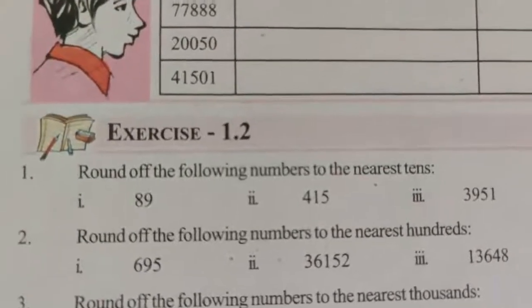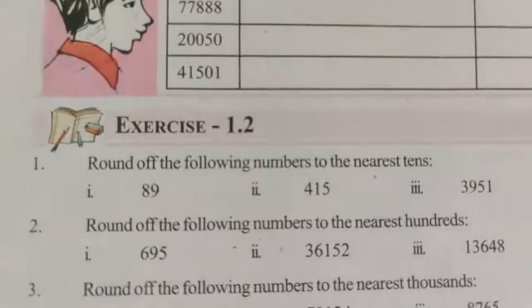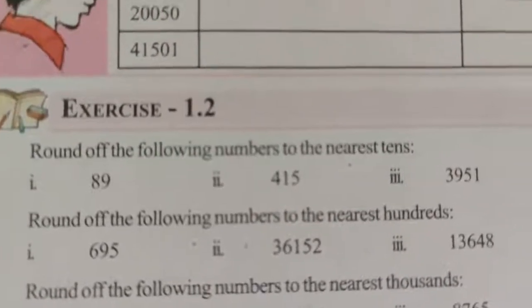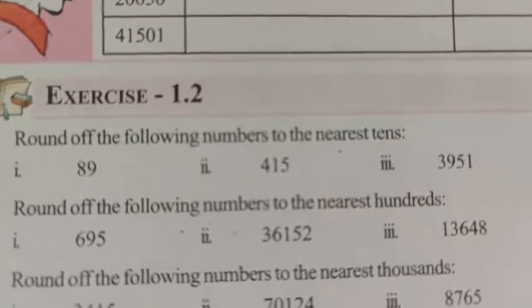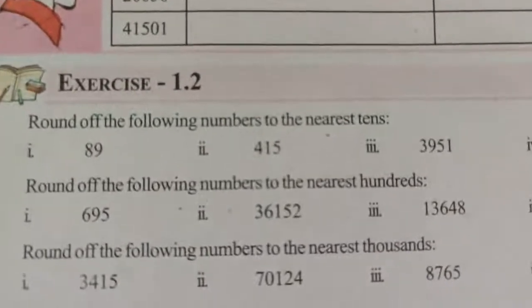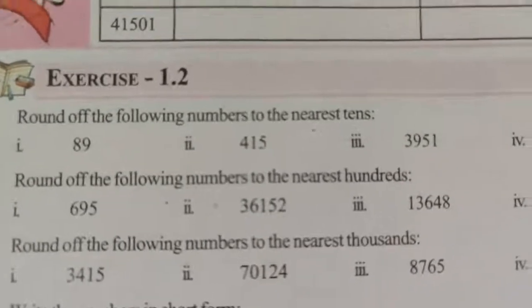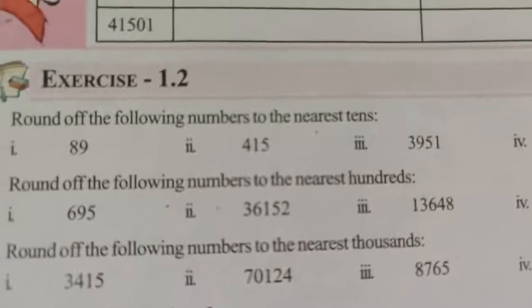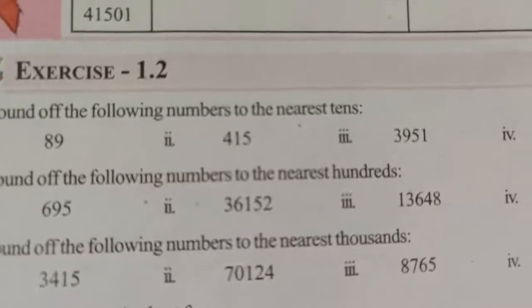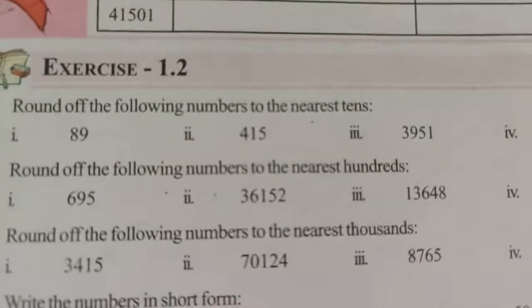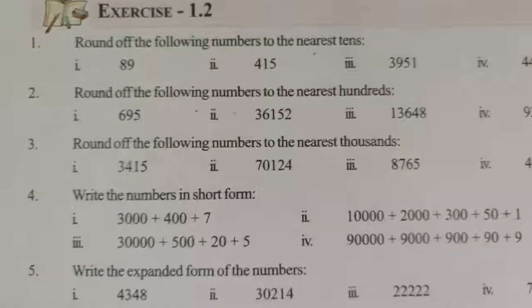For example, 415 is nearest to 420. 420 is a multiple of 10, the nearest tenth. 3,951: 51 is nearer to which tenth number? 50. So we round off 3,951 as 3,950. Like that. Observe the remaining sums.